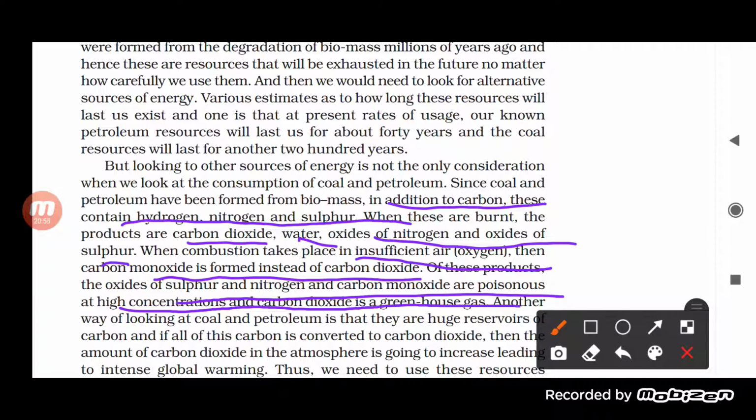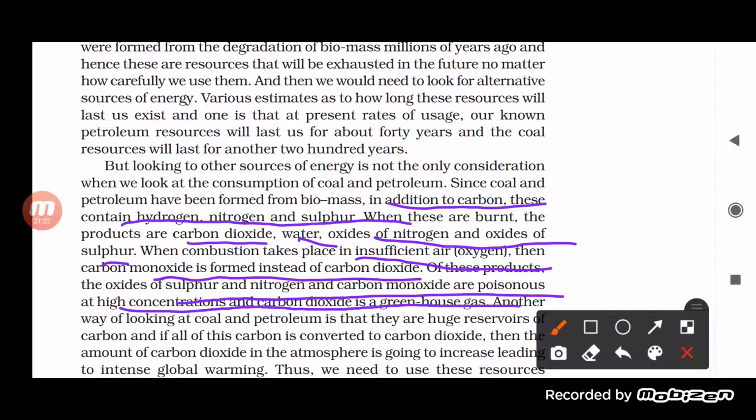And if its concentration increases, students, then this greenhouse gas will also result in global warming. So it is important that we must be very careful while burning these fuels.